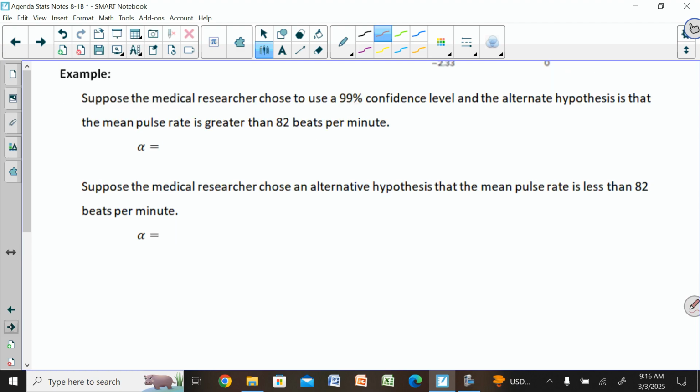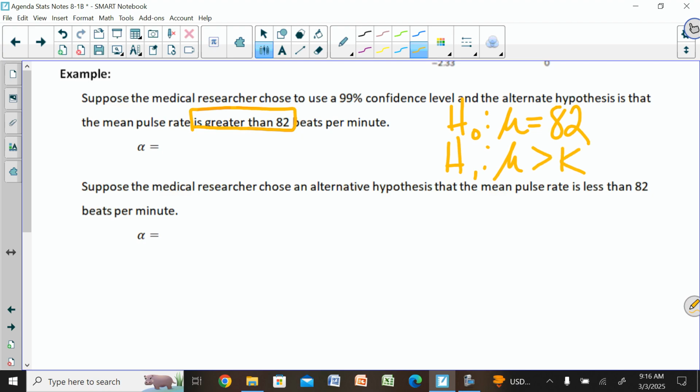For example, suppose we've got a medical researcher choosing to be 99% confident. The alternative hypothesis is that the mean pulse rate is greater than 82 beats per minute, which means that our null hypothesis is that our mean heartbeat is equal to 82. This one would be greater than, which means that it is right-tailed.